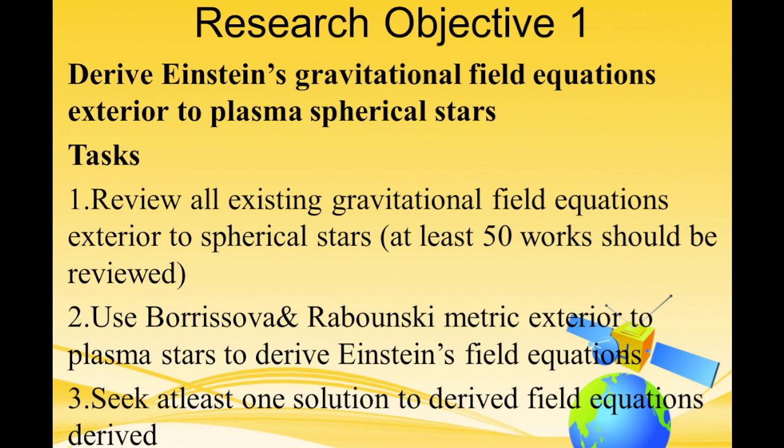Then after that, we will now use Borisova and Rabonsky's metric exterior to plasma stars to derive our own field equations. The Rabonsky and Borisova metric tensor is already there.